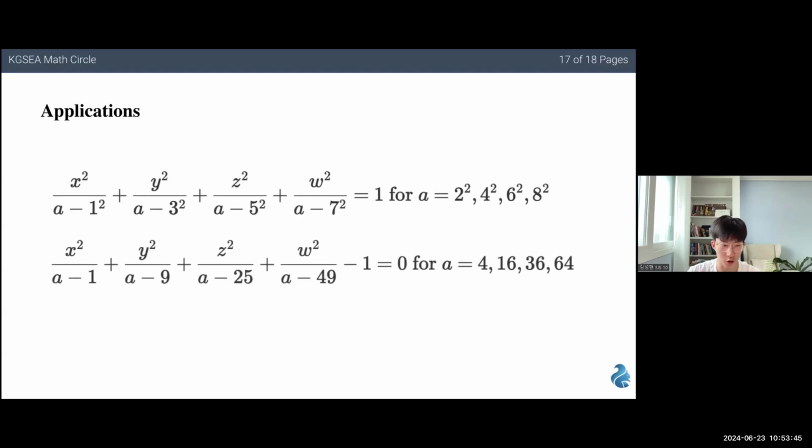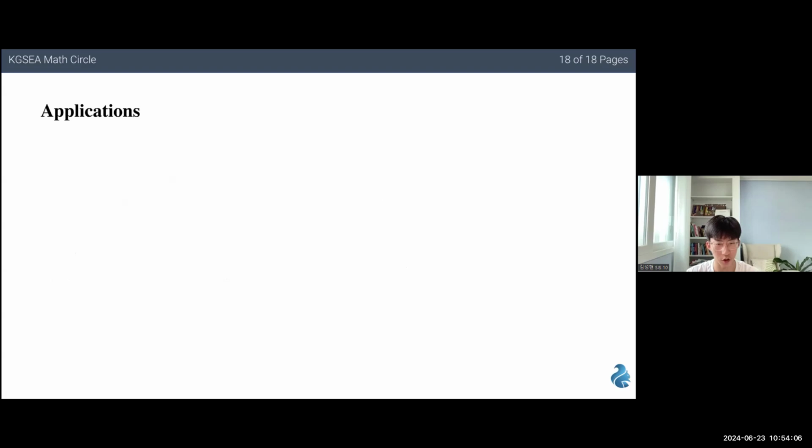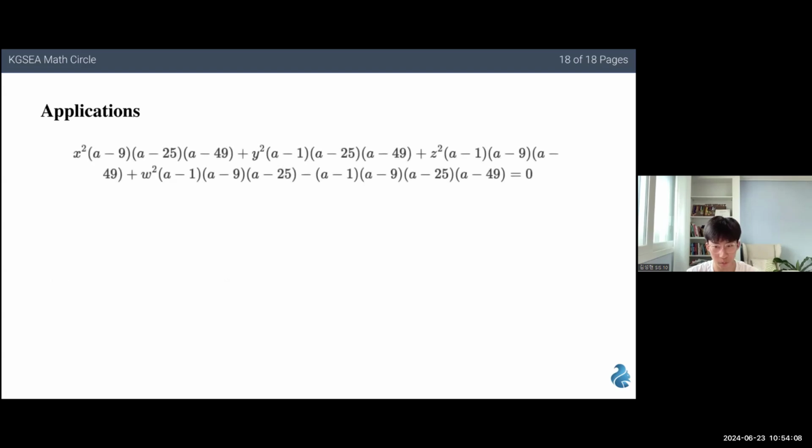And what we're going to do is treat x squared, y squared, z squared, and w squared not as variables, but as the coefficients of a polynomial involving a. So right now, another problem we have is that a is in the denominator. So we need to multiply both sides by the denominator. So you would get this rather messy expression.